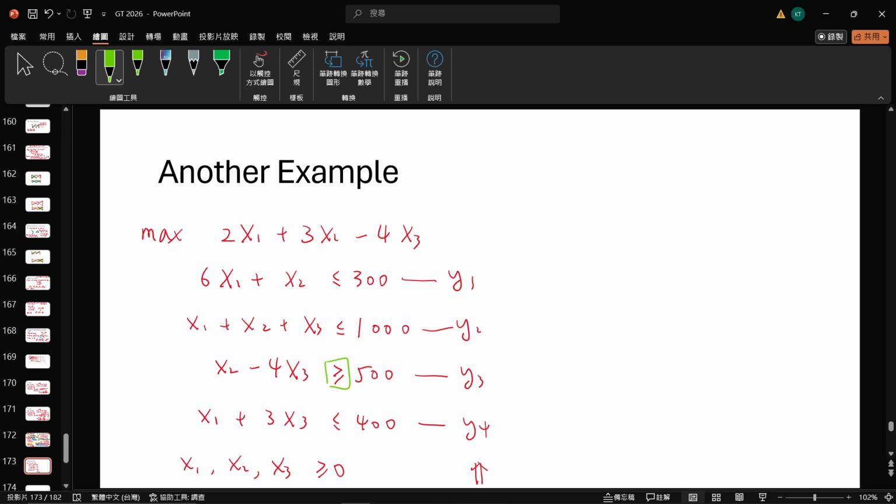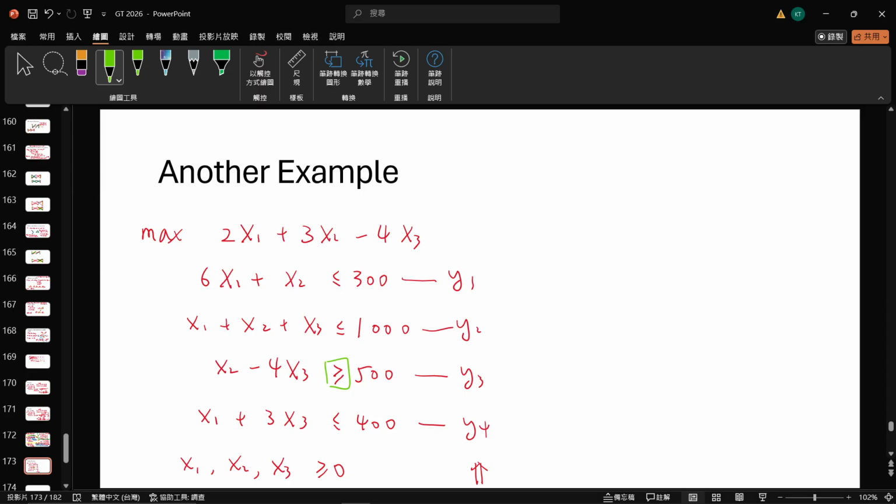Because this is a maximization problem, and we want to find some upper bound, whenever you consider upper bound, you should think of less than or equal to, because naturally, less than or equal to gives you upper bound. If it's less than or equal to 300, it simply says that the upper bound for this is 300.